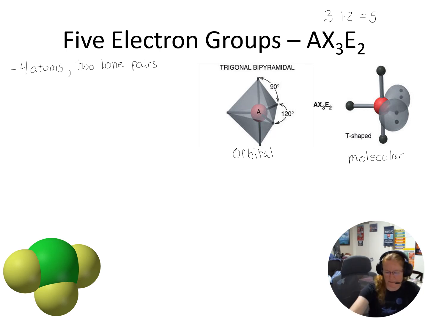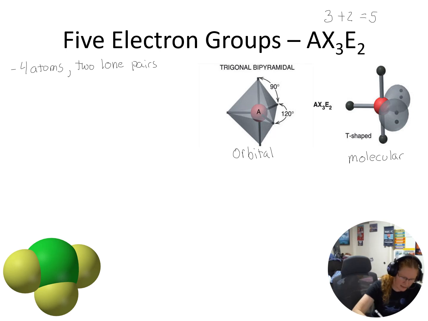Our bond angle. Well, now that my equator has been replaced by 2 lone pairs, I don't have an equatorial bond angle anymore. All I have now is just axial to equatorial. The lone pairs do squish that in a little bit usually.